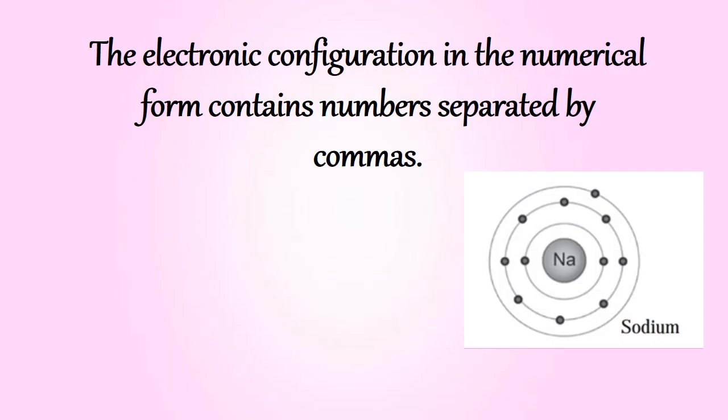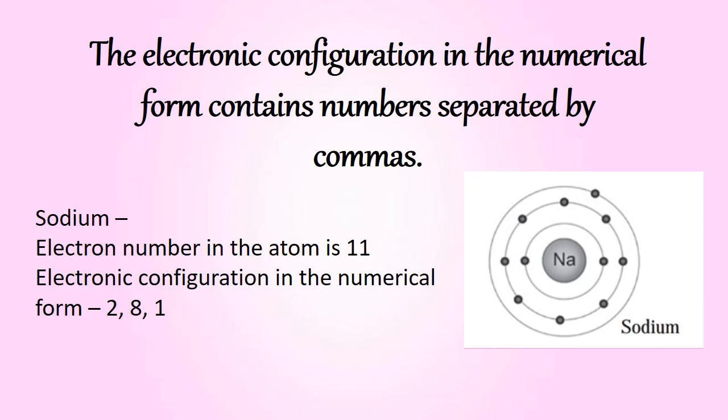The electronic configuration in the numerical form contains numbers separated by commas. Here, the numbers indicate the electron number in the shells in increasing order of energy. For example, the electronic configuration of sodium is 2, 8, 1.